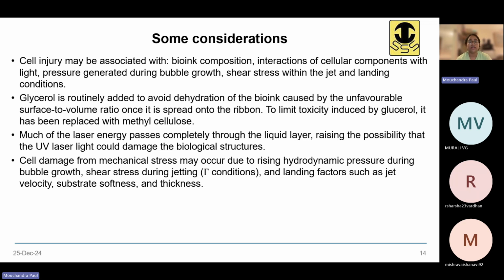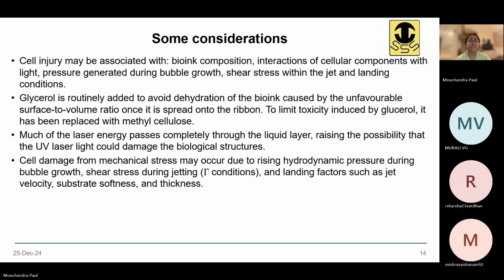Like I explained, due to bubble growth, some pressure gets generated, and also it depends on what gamma value you have for the process. If it is, as I told, within the two threshold values, then you get a jet. Otherwise, you won't get a bubble at all, or you will get a spraying effect.